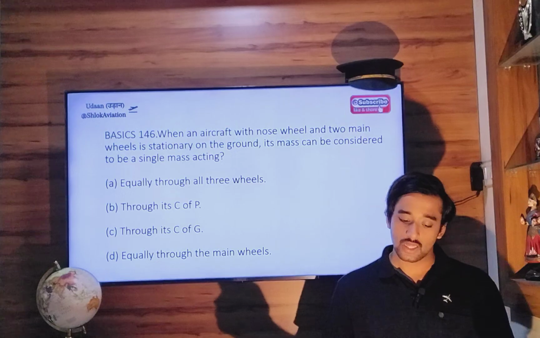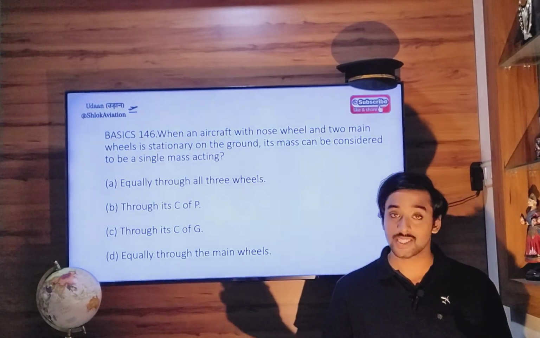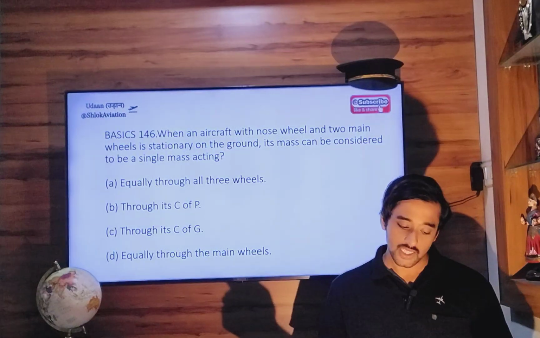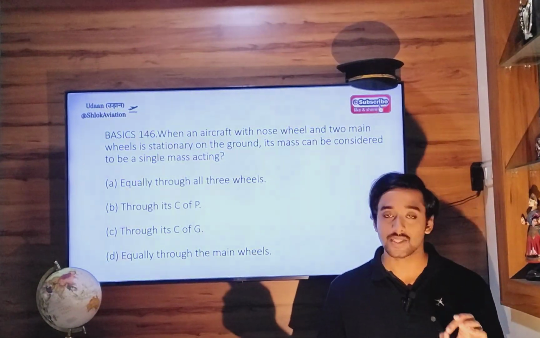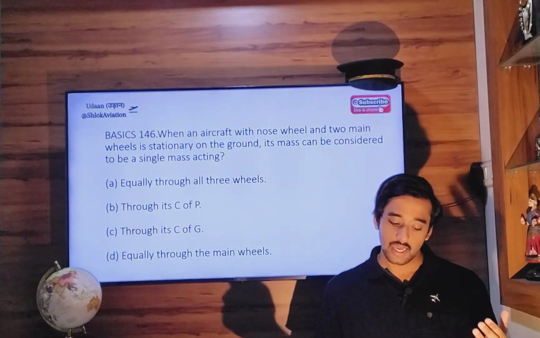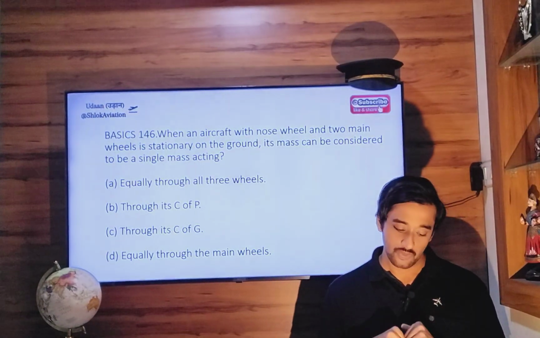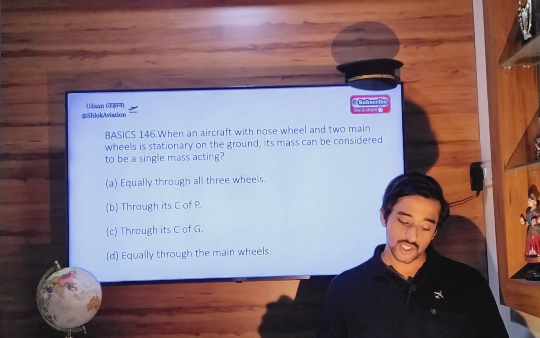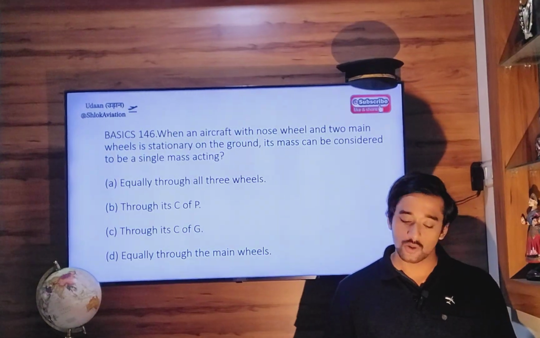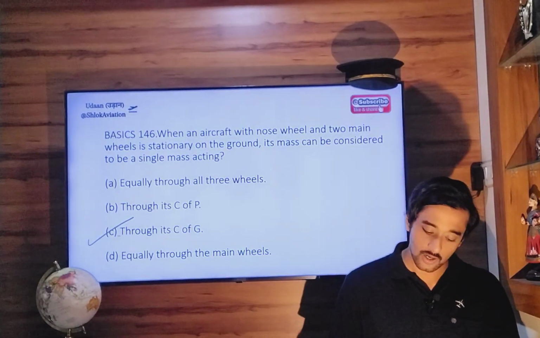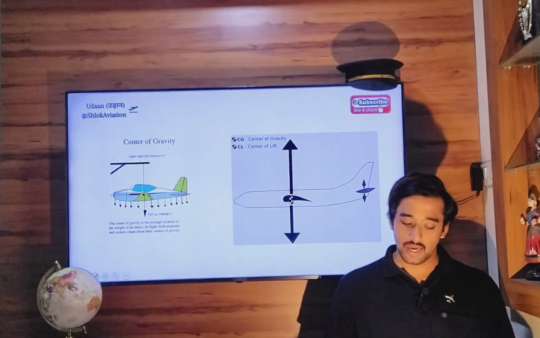Next. Where an aircraft with a nose wheel and two main wheels is stationary on the ground, that means it is parked, its mass can be considered to be a single mass acting through what? So the correct answer is option Charlie, center of gravity. This is your aircraft.